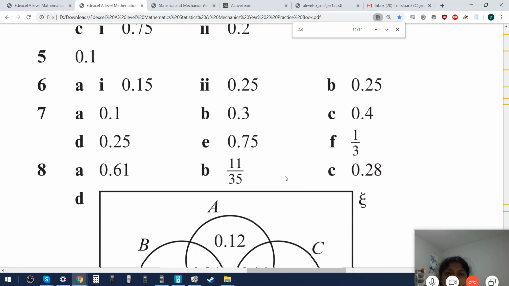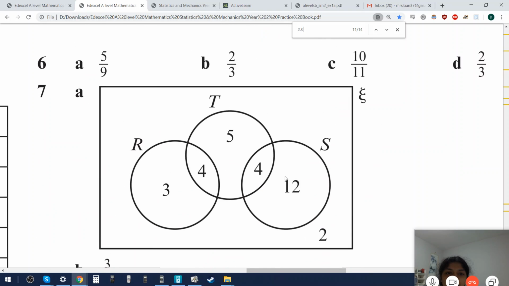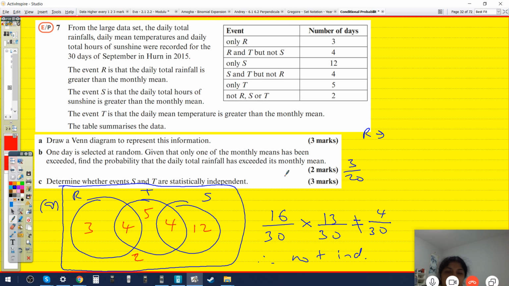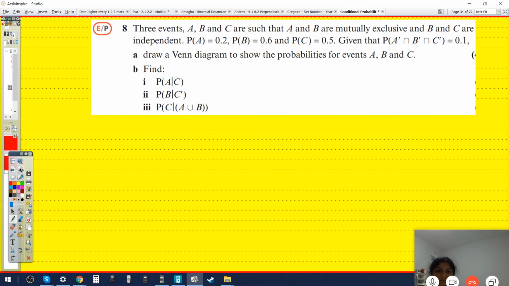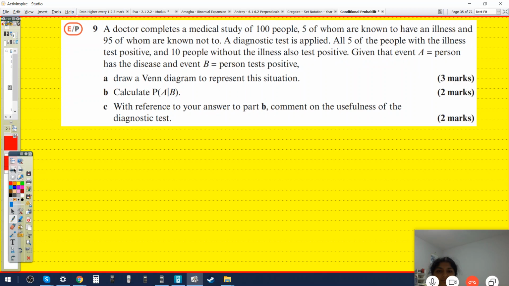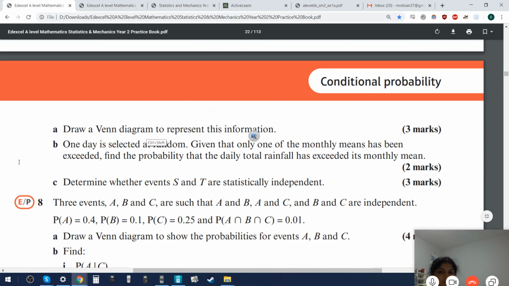That is not question 7, that's 2.4. 3/20, yep, that's correct. This one you did. This one you probably also did. So let me take a look at this other one.